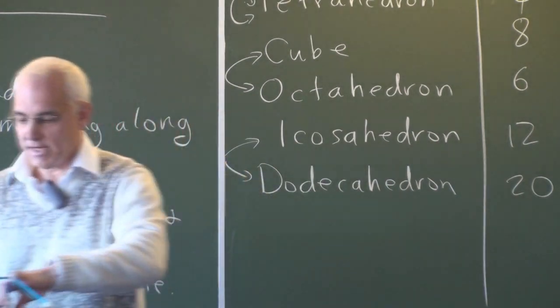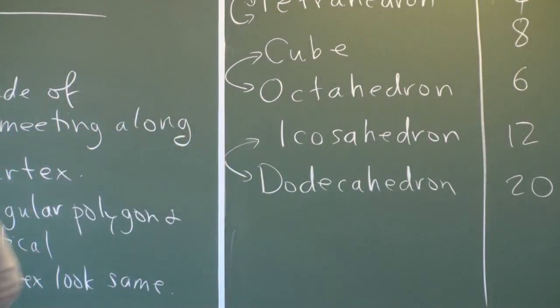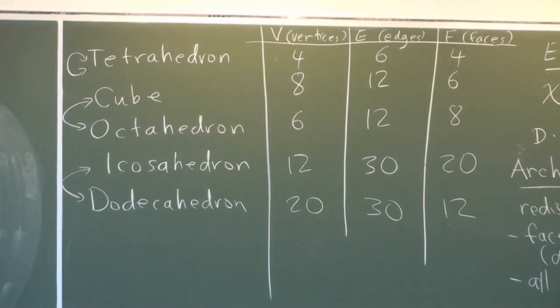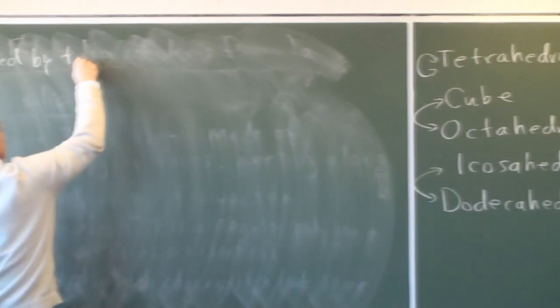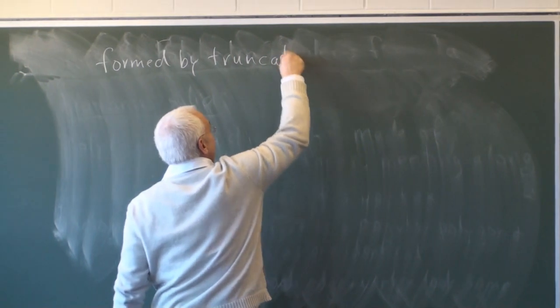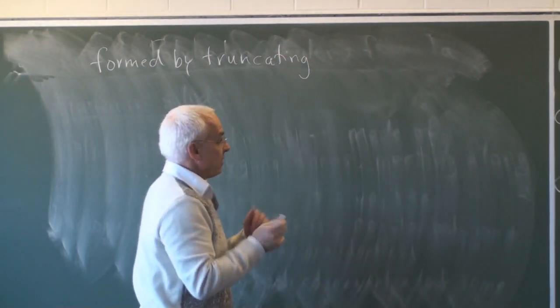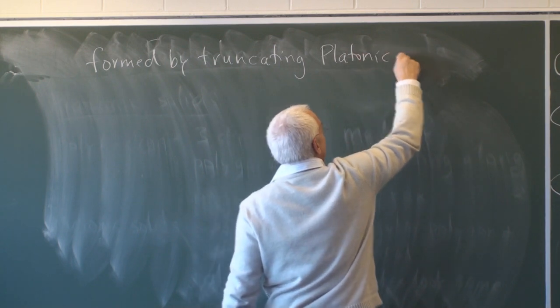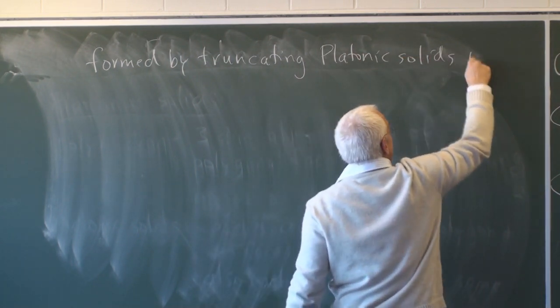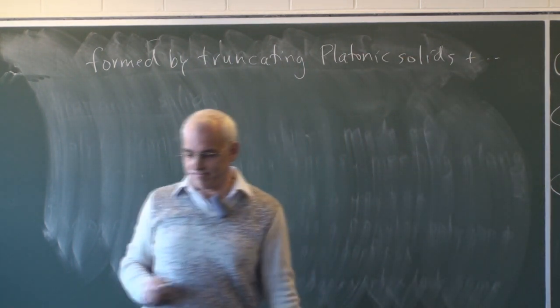All right, so we can get the Archimedean solids by truncating. So they are formed by truncating the Platonic solids, plus doing some other things.